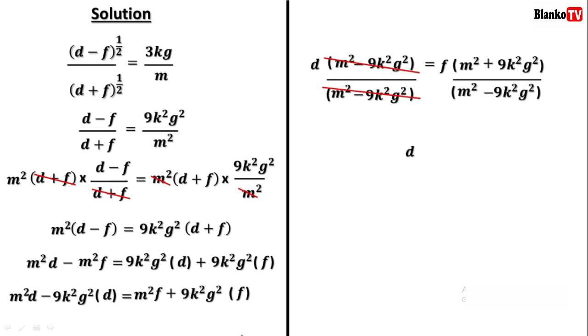So now d is equal to f outside the bracket m squared plus 9k squared g squared over m squared minus 9k squared g squared.